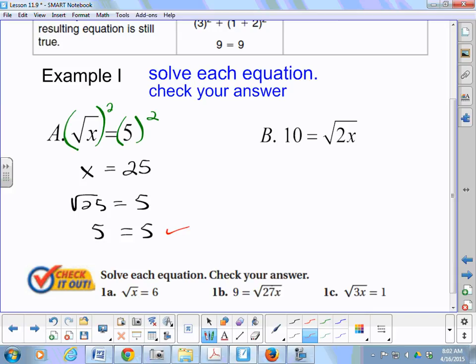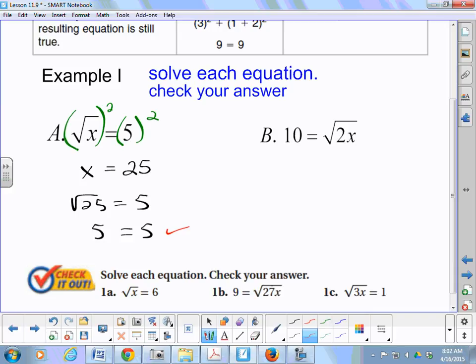These first couple should be pretty simple, pretty basic. But when we get into the last couple of examples we're going to do today, it's not quite the case. You're going to need to check your answers, and we'll talk about a shortcut too, how to look at it to guarantee it.